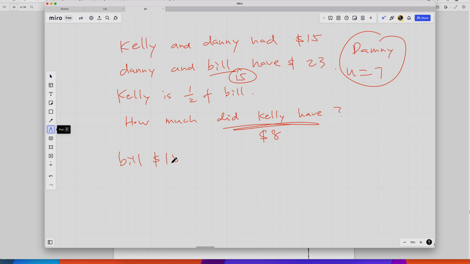Bill is 15, Kelly is 8. Now the question is, if Bill saves $7 on the first day, and Kelly saves $8, how many days until they have the same amount?